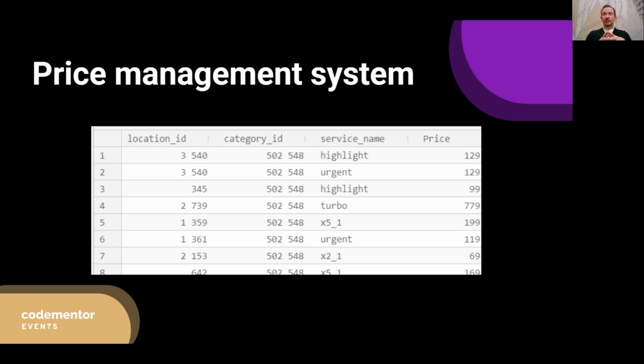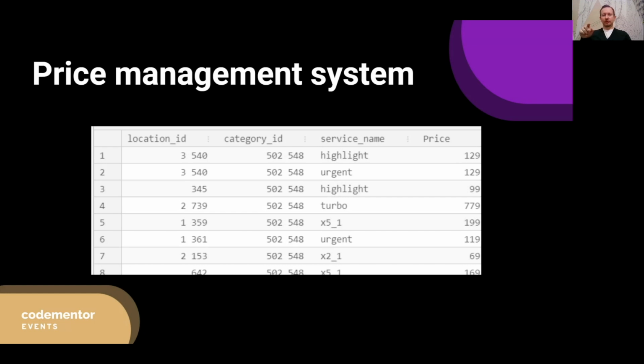It was also limiting the flexibility in which analysts can change prices. We were using price matrices, where you have location IDs and category IDs as rows and columns.